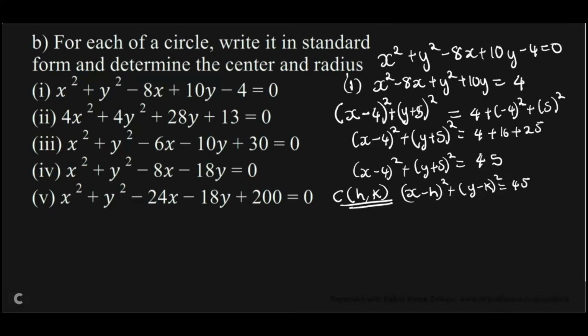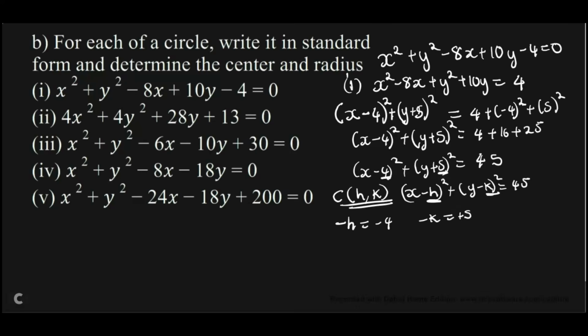So this was your standard equation, right? So in this situation, you know what you do? You say negative h equal to negative 4, then negative k equal to positive 5. So I'm getting this part of the standard equation and equating to that. Again, get this part, again you equate to that.